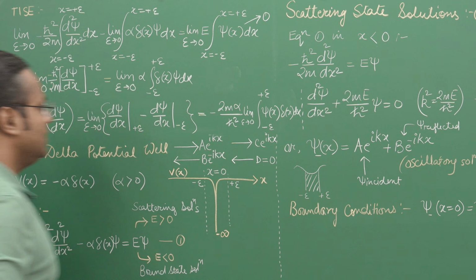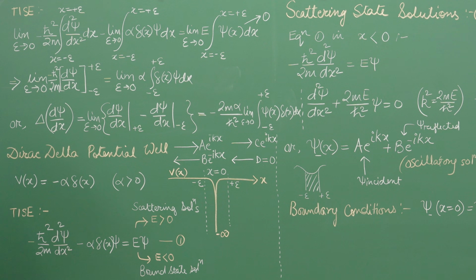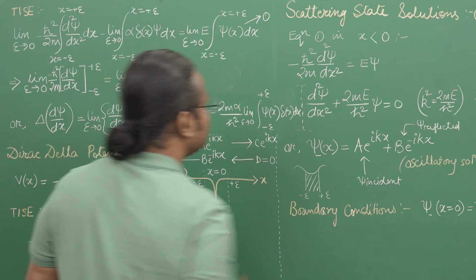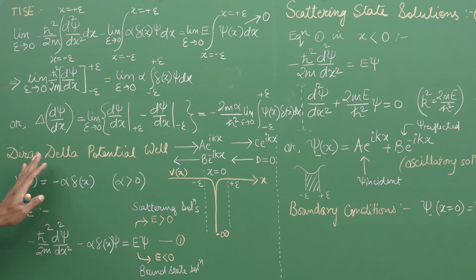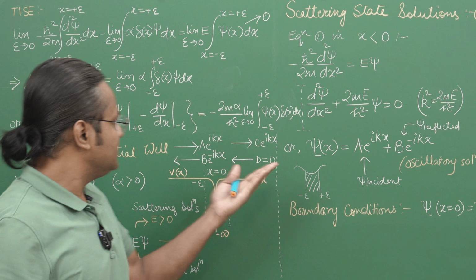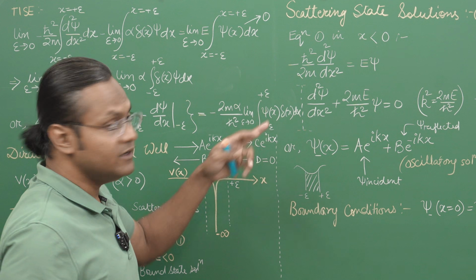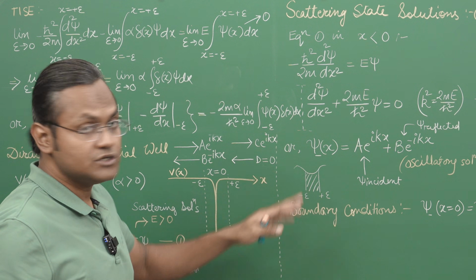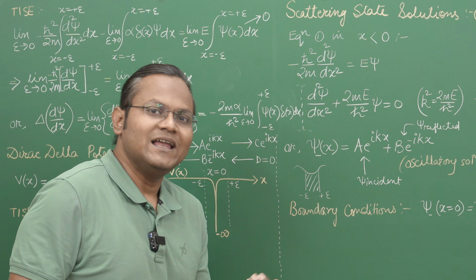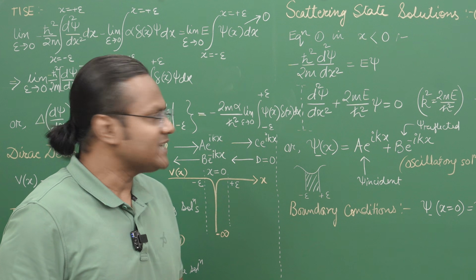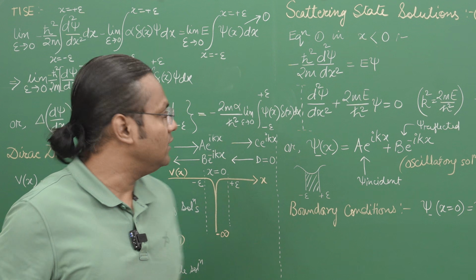Now I hope that this is clear to you. Everything is jumbled up, but if you are following the steps, it should be clear that now what we can do is we can use a property of Dirac delta function. If you have a Dirac delta function and you multiply that with a different function and you integrate in that region, we essentially end up getting the value of that function at the location where the Dirac delta exists. So it's kind of localizing the function at that particular point.